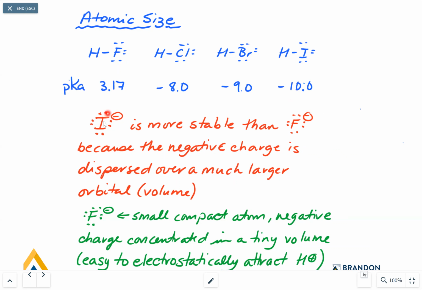With iodide, it's way down the periodic table, so its valence shell is much further away from the nucleus, and that one little extra electron is basically dispersed in a much larger volume. So you're stabilizing that negative charge in a larger volumed orbital.